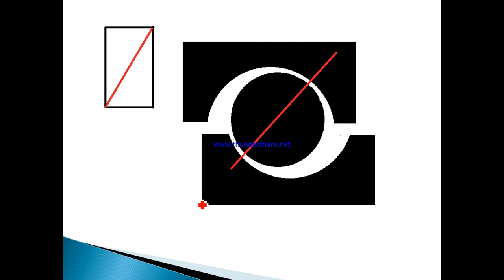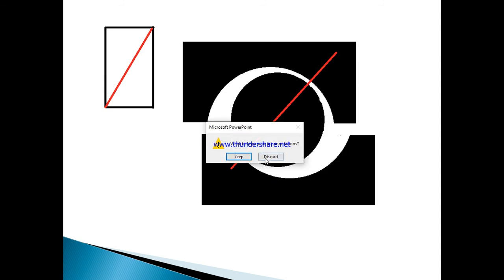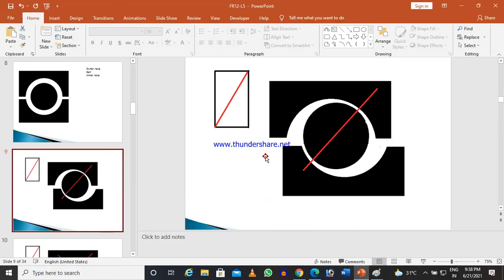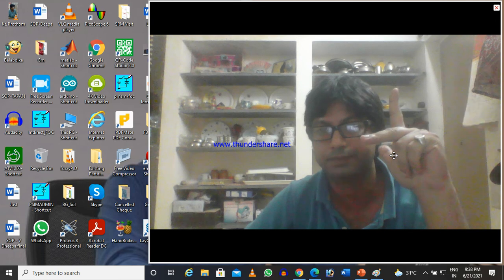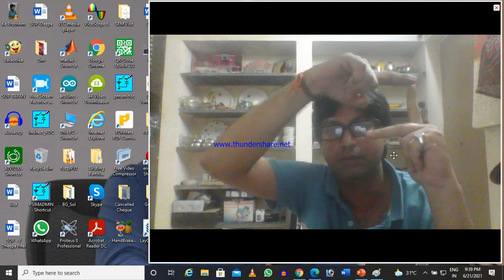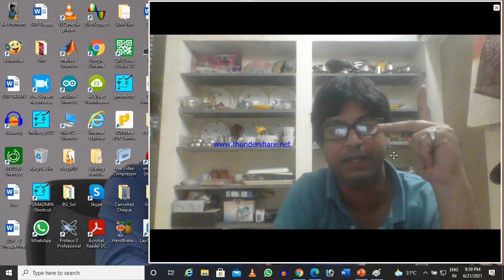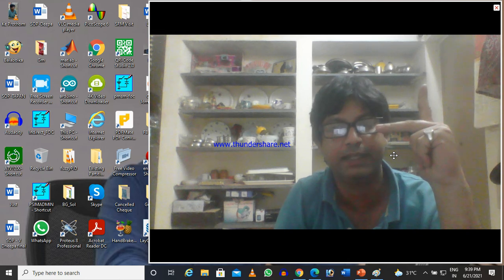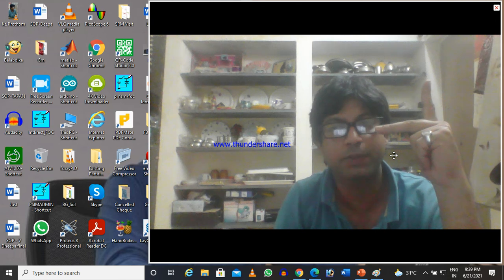Now let us consider this picture, and I will just try to show one thing. Say this finger is my radial load and this is my axial load. If this is happening, because two vectors are working, what should be the resultant?